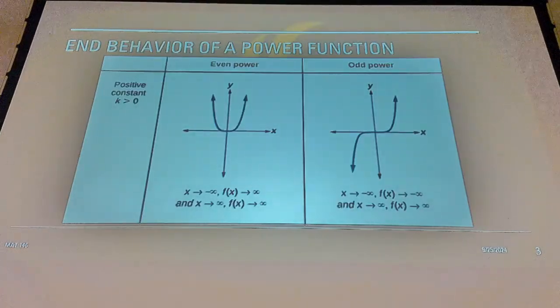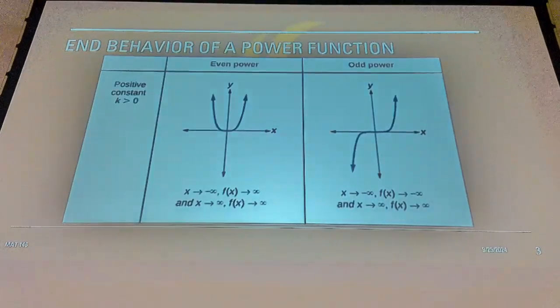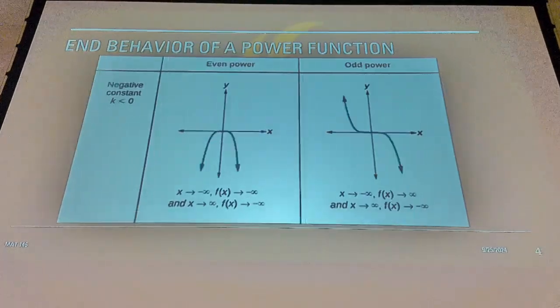So what do we think happens if the coefficient is negative? What does it do on the even? What about the odd? It's just the opposite.